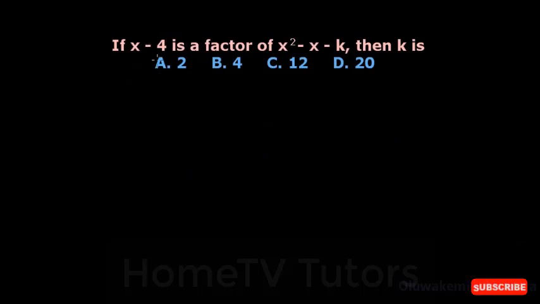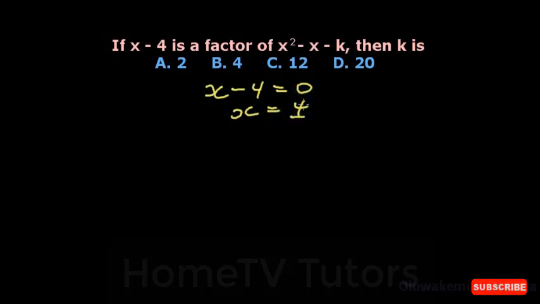If x minus 4 is a factor of x raised to the power 2 minus x minus k, then k is x minus 4 equals 0, then x equals 4.